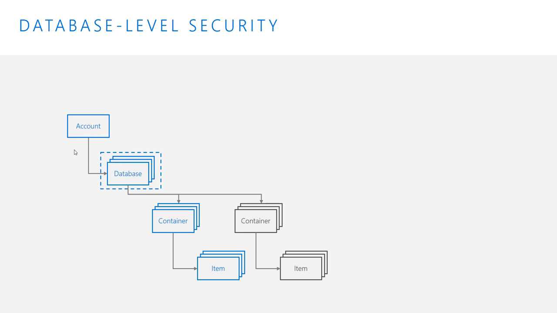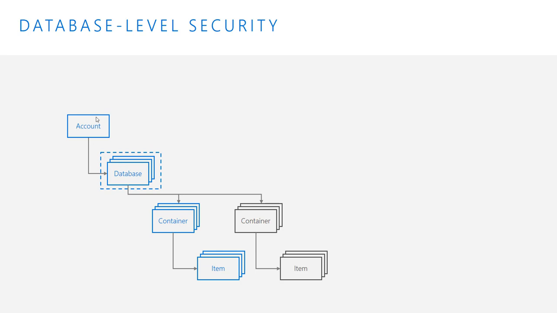Anything happening at the account level, we call control plane operations, and below the account level, from database onwards, we call data plane operations. For the control plane operations, we do have AD authentication, AD integration with Cosmos DB.